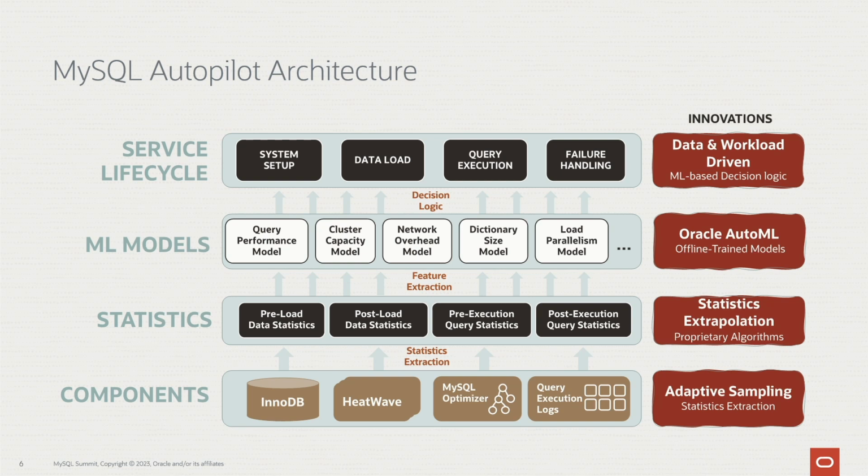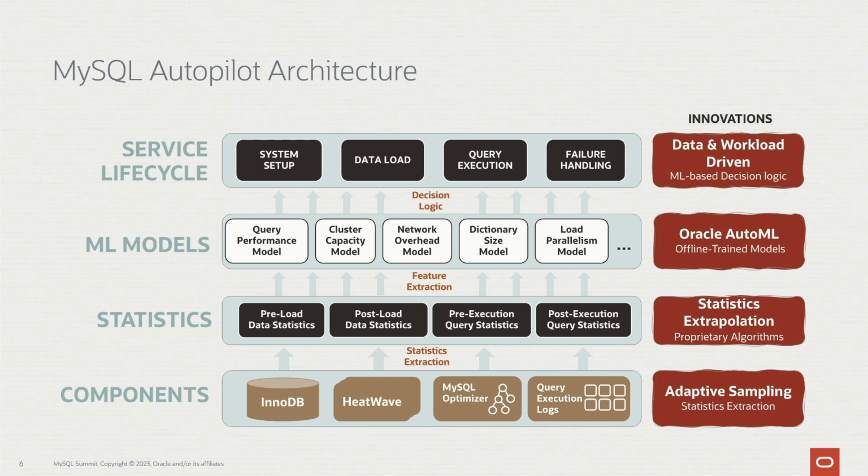We look at the logs, the statistics provided by the MySQL optimizer, the plans provided by them. We look at the query execution logs in HeatWave, both pre and post. We look at all this data, then we extract the relevant statistics. Then we do some feature extraction and feature engineering to build our models.